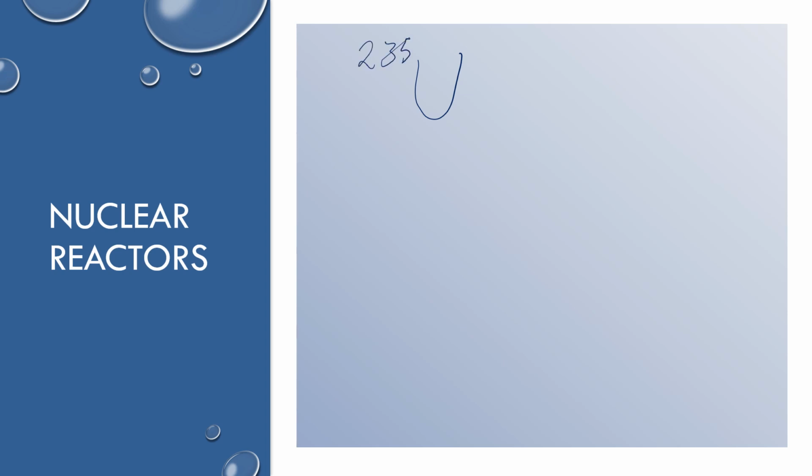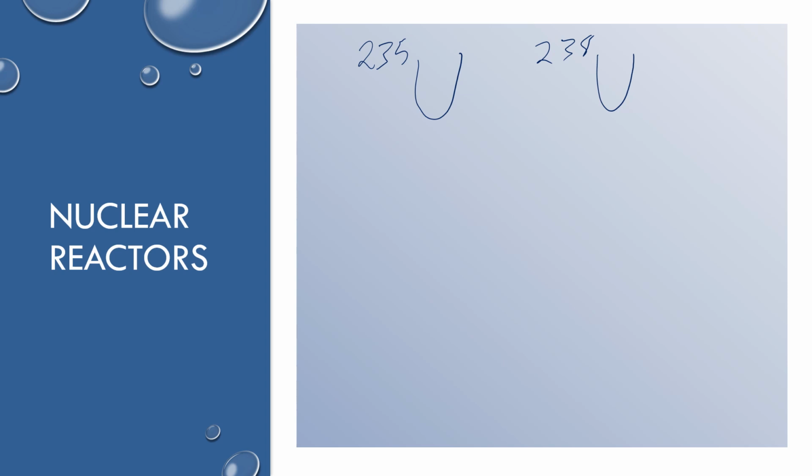This one is a little more useful for nuclear reactions compared with uranium-238, which is another common isotope of uranium. So what they can do is enrich the uranium, it's called, by converting some of those 238 isotopes back into 235.